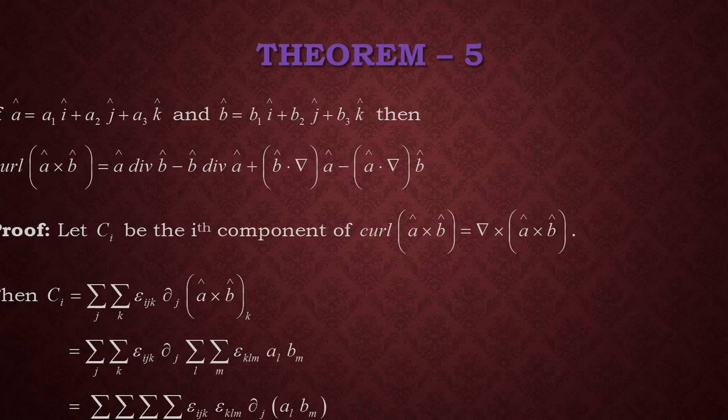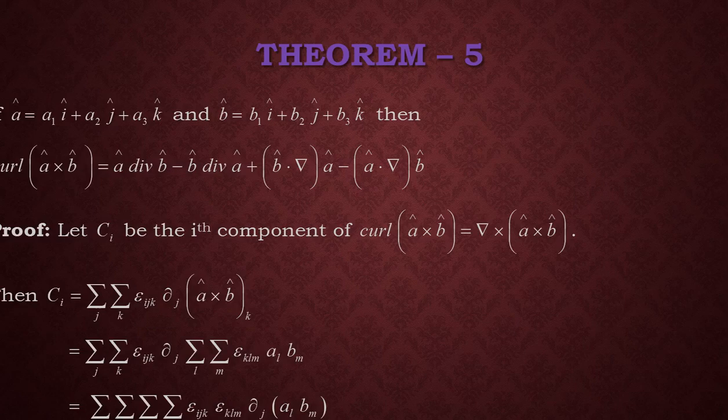The general coefficient or component is the ith component c suffix i and it can be represented as follows. c suffix i equals summation sigma over j, summation sigma over k, epsilon suffix ijk dou j of (a cap cross b cap) suffix k.